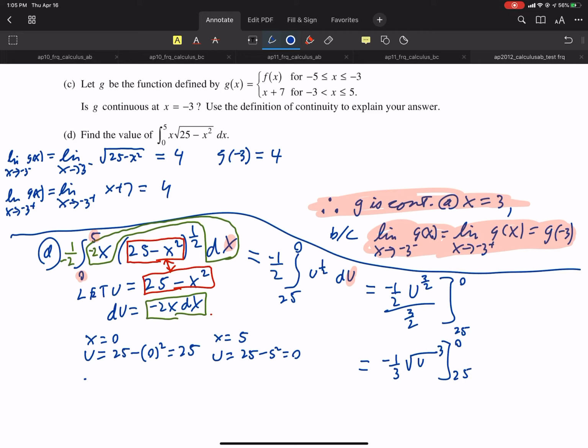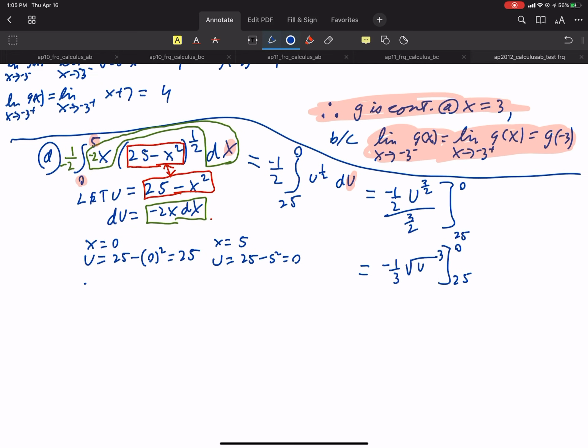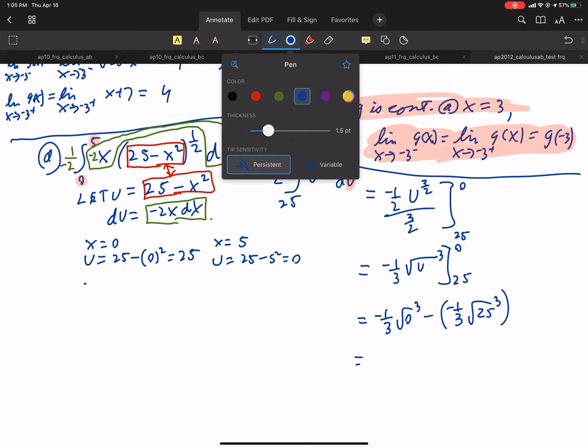Hopefully, I did my work right. Then we apply the fundamental theorem, plug in the 0 first. We plug in the 25. And that's done. You shouldn't simplify that. That is all you need to do.